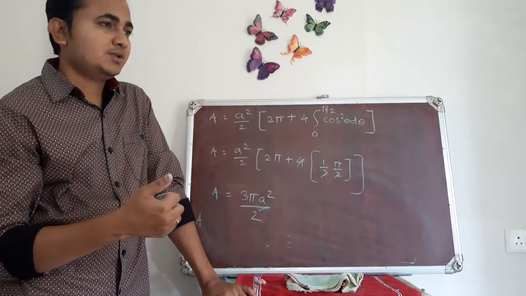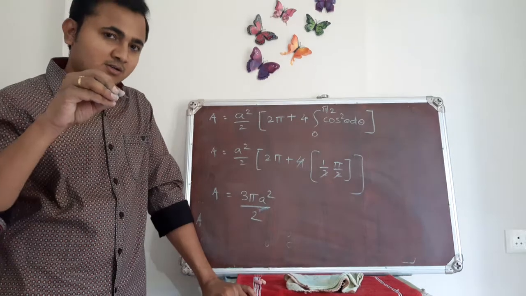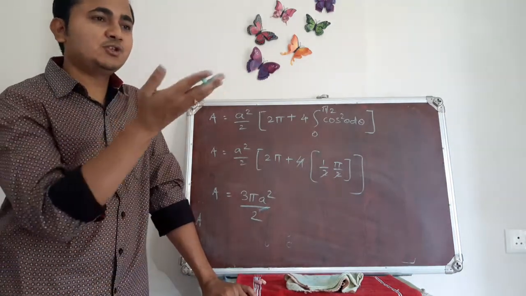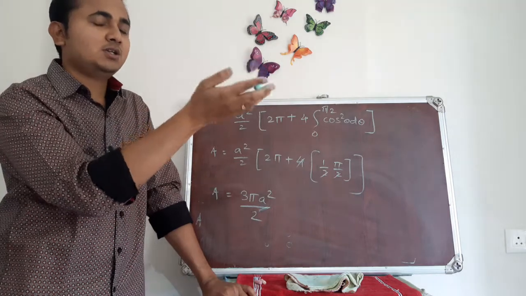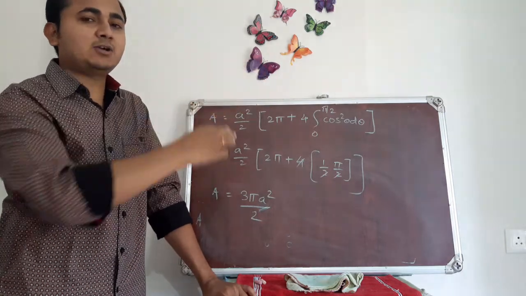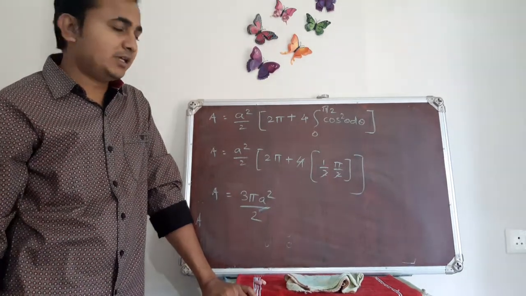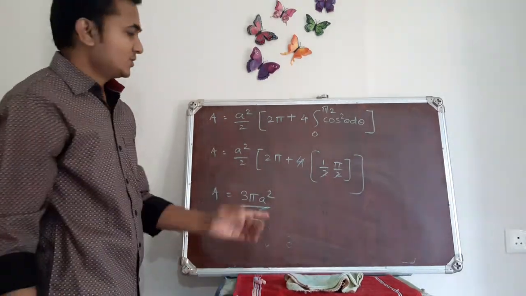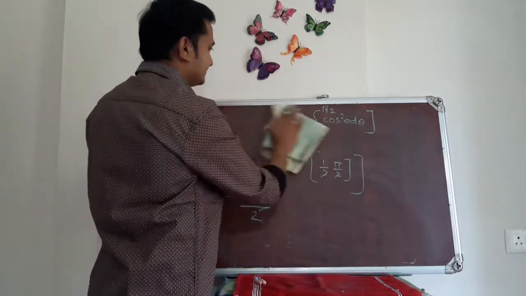If it is asked to find the area in the first quadrant, then the limits will be 0 to pi by 2. Then for the first two quadrants, 0 to pi. Accordingly, you find the limits for other areas.